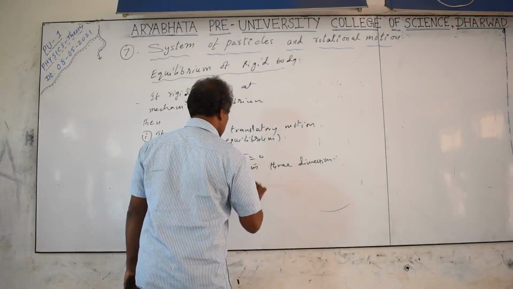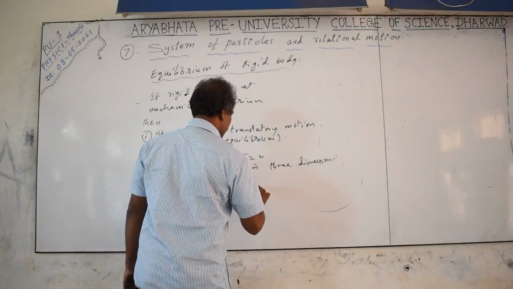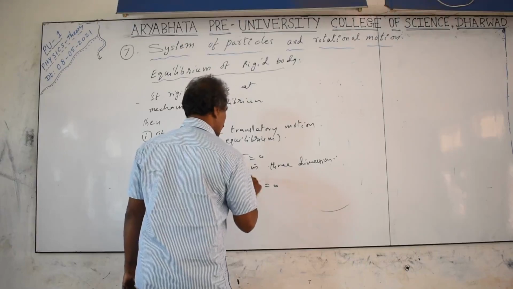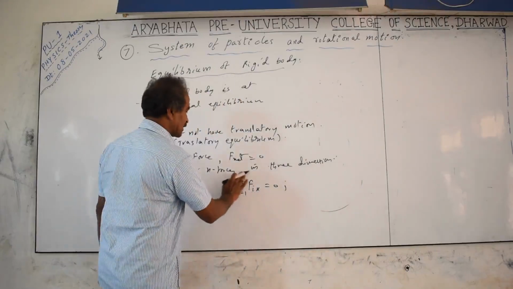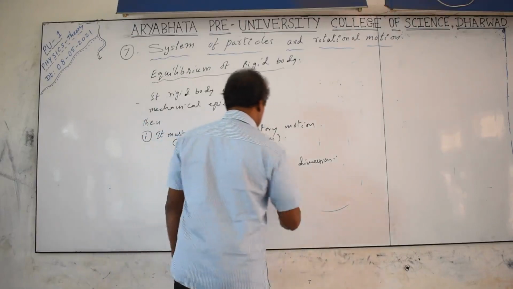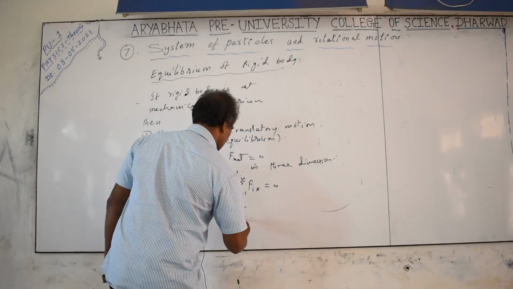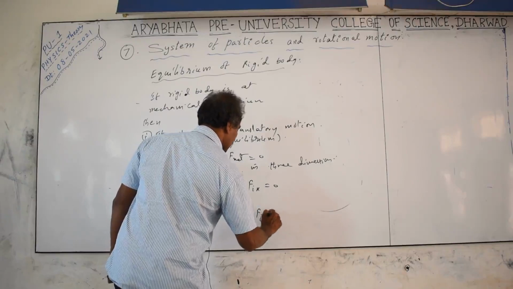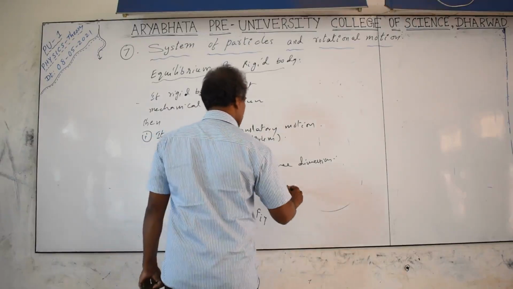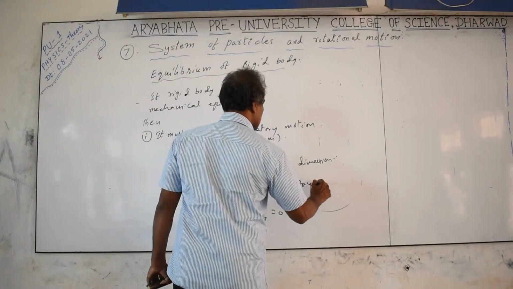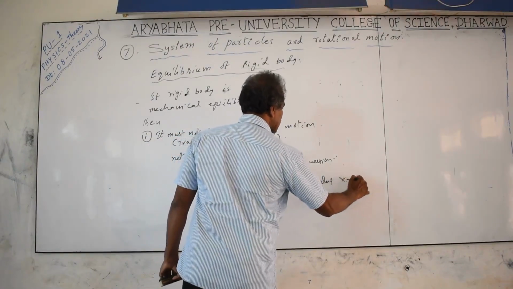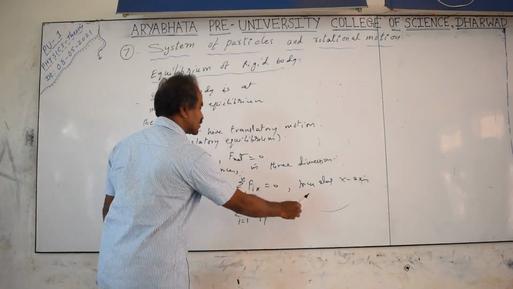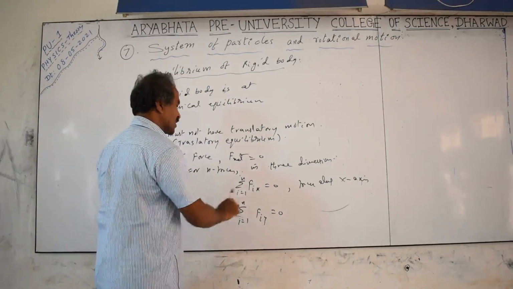F net equal to 0 means sigma of F i x along the x axis equals 0, where i takes the values 1 to n. Similarly, sigma i equal to 1 to n of F i y equals 0, and sigma i equal to 1 to n of F i z equals 0. The force along the x axis can be along the plus x axis or minus x axis, so the forces along the plus and minus axes are equal and opposite, and the net force is 0.